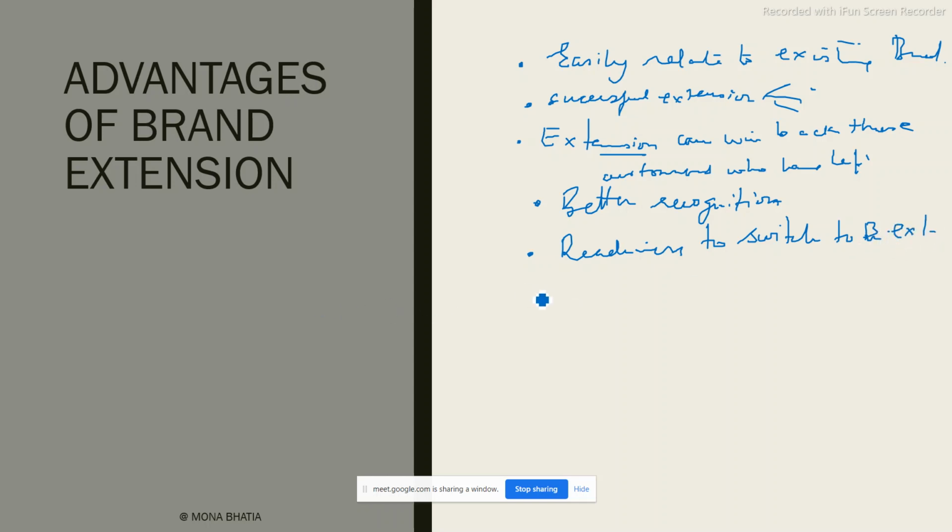Then we have the expenses on labeling, it's economical.